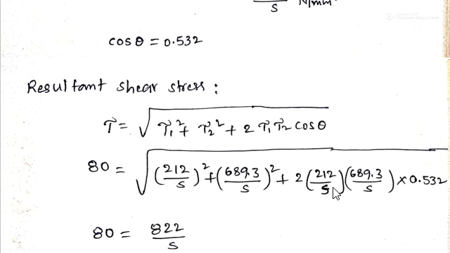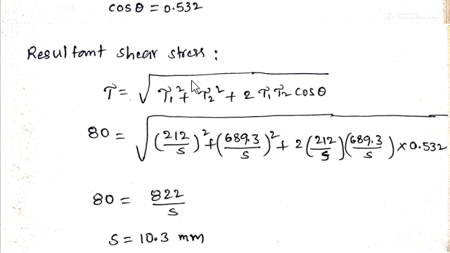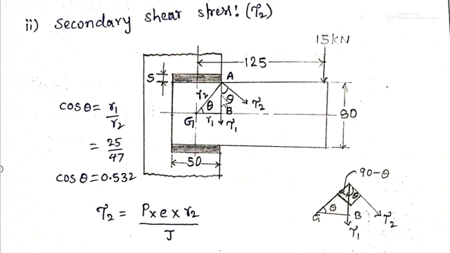So substitute these values in the resultant shear stress equation. I told you tau 1 and tau 2 can be assumed as two adjacent sides of a parallelogram, so to find the resultant between tau 1 and tau 2, we can apply the parallelogram law.